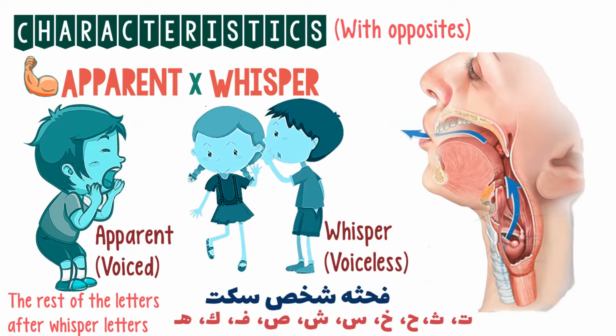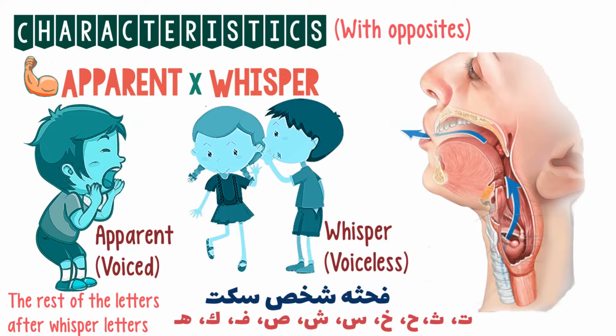The apparent is a strong characteristic, while the whisper is a weak one. And this will help us later on to define the strong and the weak letters. So we have apparent al-jahr and its opposite, whisper al-hams. And they do describe the vertical moves of the vocal cords while pronouncing the letter.